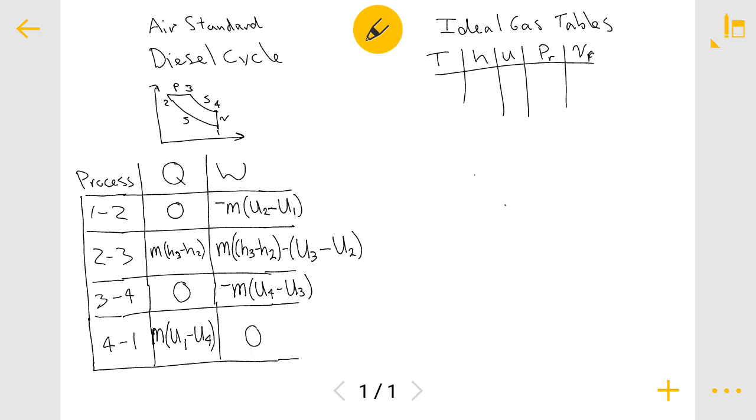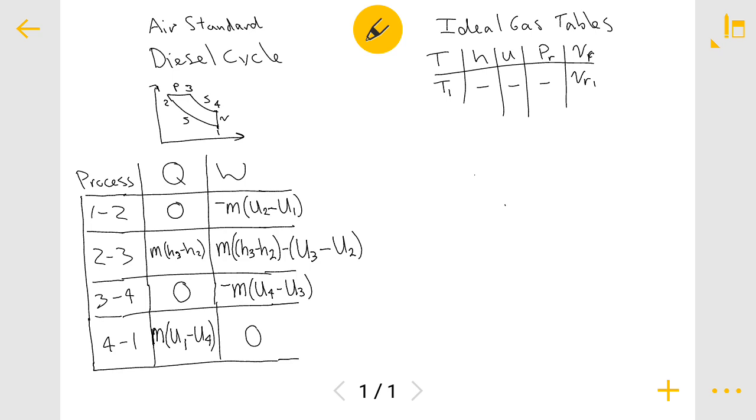If we know VR or PR, we can find the temperature. So we'll start with, if we have T1, then we can find these other values. And one of the things we can find is VR1. Of course, if we're between temperatures in the table, we just interpolate.